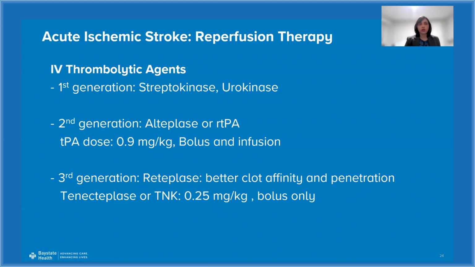The second generation was alteplase, which was used for the trials. And now we do have a third generation medication, tenecteplase. The advantage is that we can give it as a single shot without any infusion. It also has better clot affinity and penetration. This is something that we have been using at Bay State now.